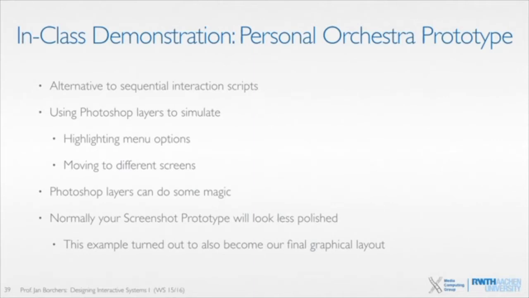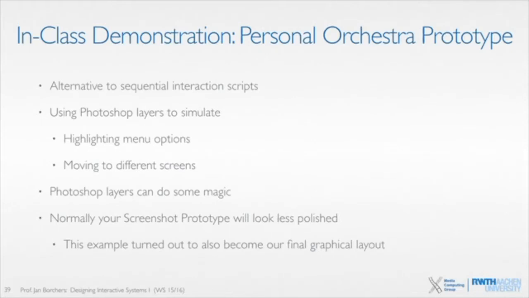Here's another example. The personal orchestra system that we built in Vienna, where you can conduct an orchestra, needed a prototype as well to tell people how it would work. And we needed to pitch that to the museum for whom we designed this. And we did this by using Photoshop layers to simulate interacting with the system.